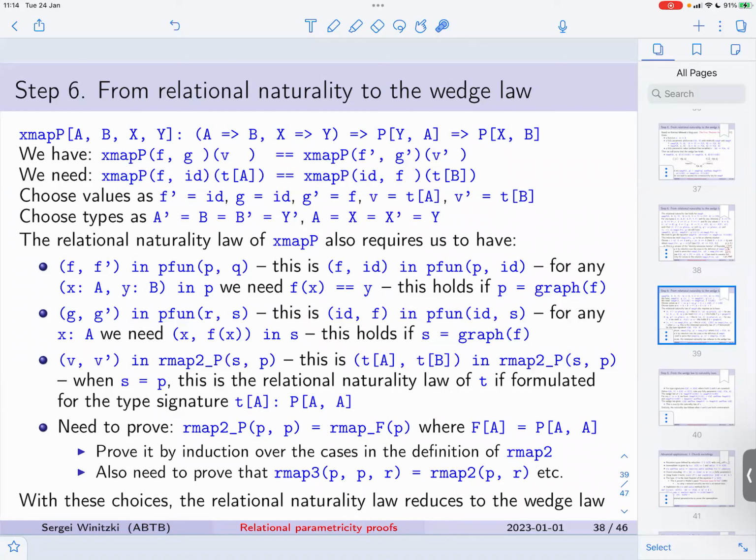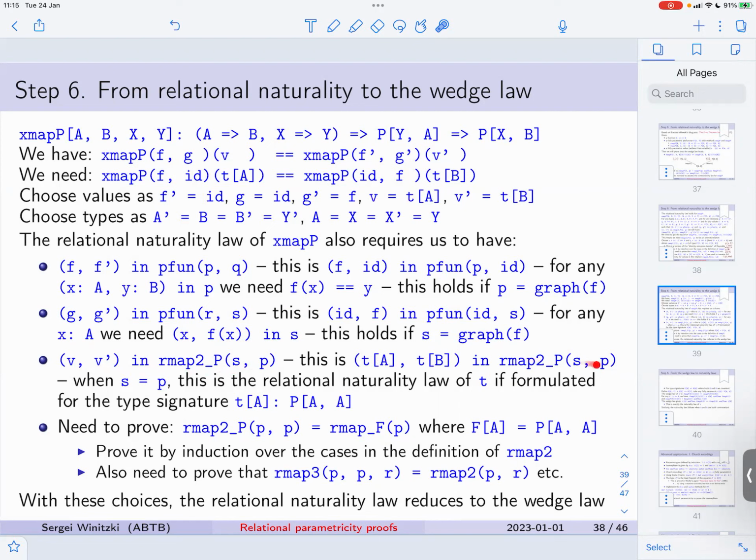So far, we did not choose P in any way. Similarly here, we have to choose S to be the graph relation of the function F. So if we write out what that means, then for any X, we need X and F of X in S. So that is a graph relation of function F. And for the V and V prime, if we write it out, it means V and V prime are these.